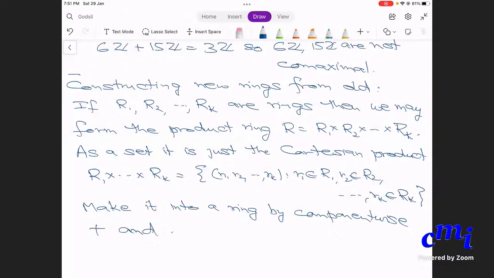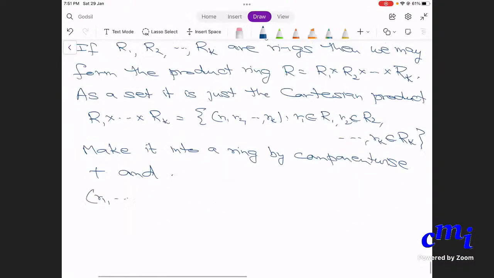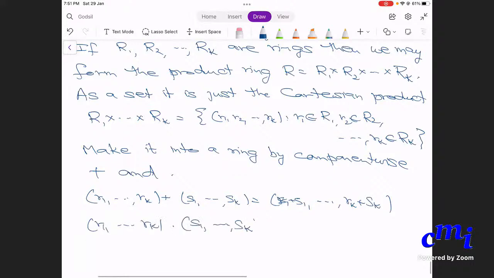That means if I take (r1, up to rk) plus (s1, up to sk), the sum I'm going to define as (r1 plus s1, up to rk plus sk). And the product of (r1, up to rk) with (s1, up to sk) is just equal to (r1 s1, up to rk sk).